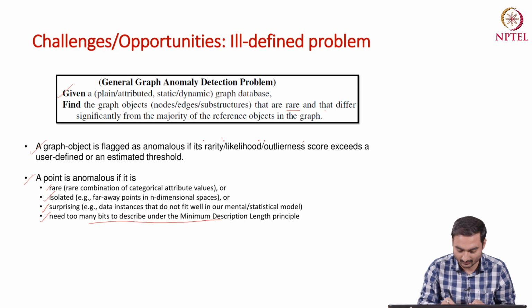Now, this is something that we will avoid in this particular chapter because it requires a lot of understanding of information theory, which we will not discuss, but one can also look at entropy, information gain and so on and so forth to encode data points using bits, and then we can detect anomalous behavior or outlier behavior. Okay.